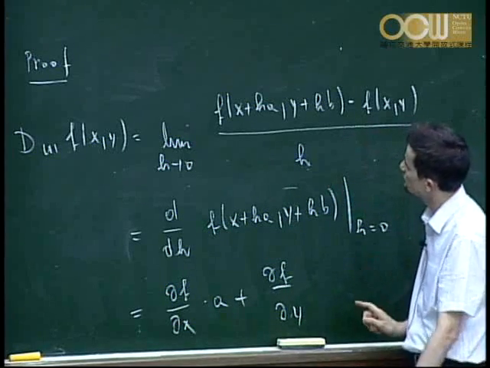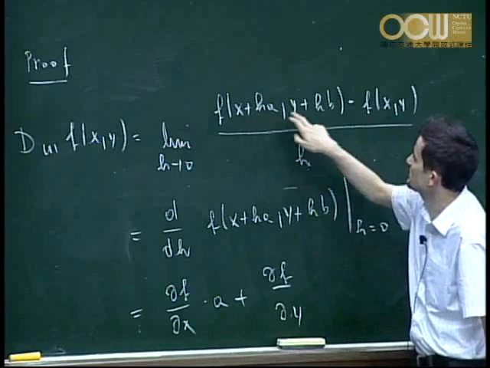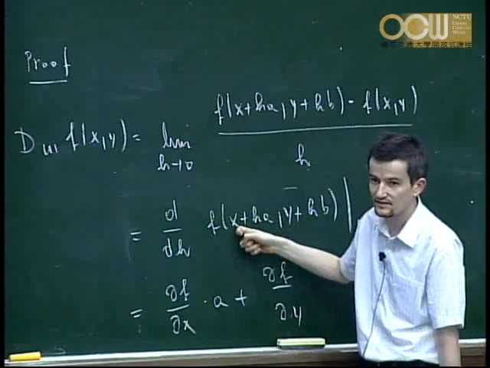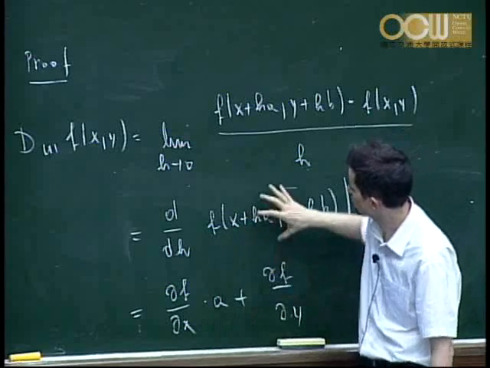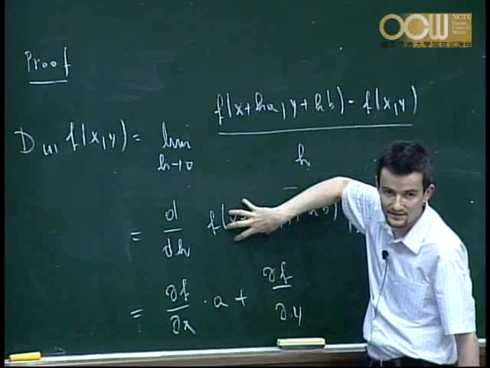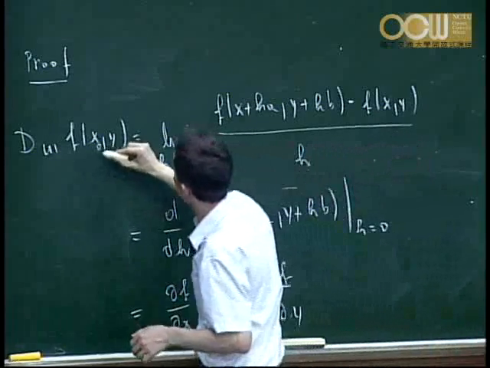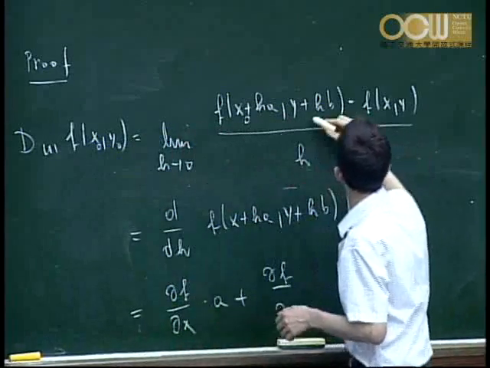You should observe here, maybe it would be better to write x0 and y0, because this partial derivative is not with respect to this x here. This is with respect to this coordinate, because this is the intermediate variable.